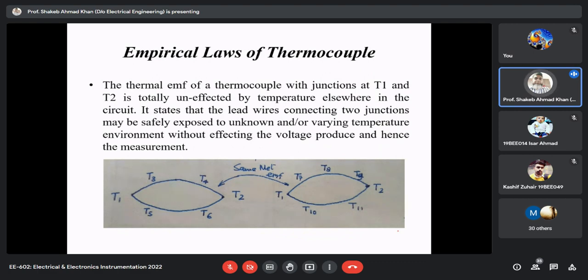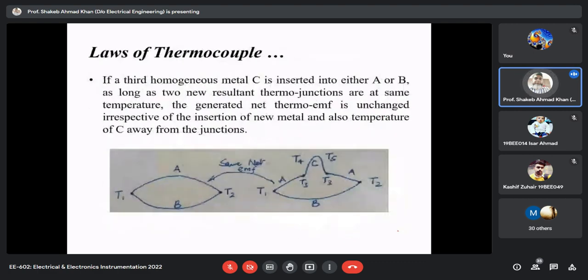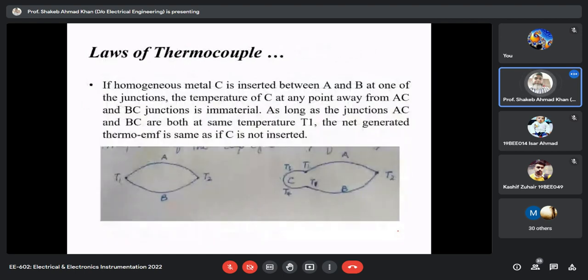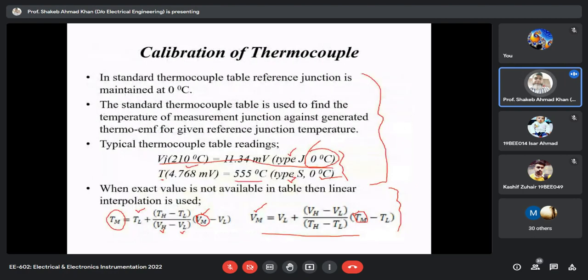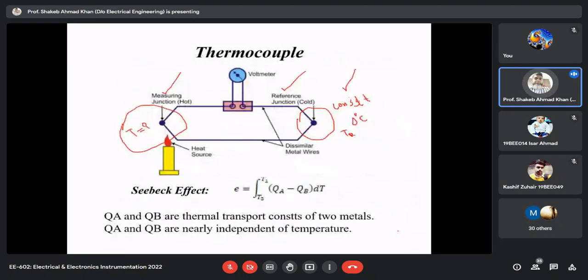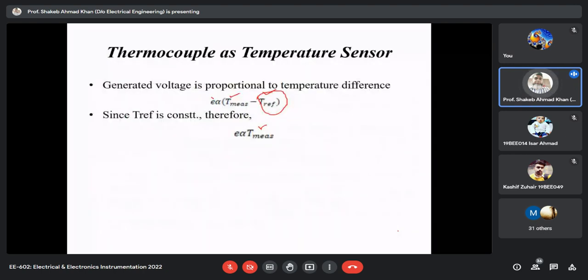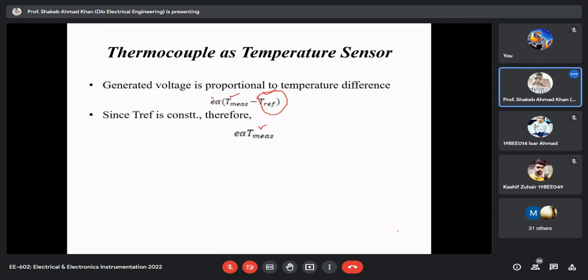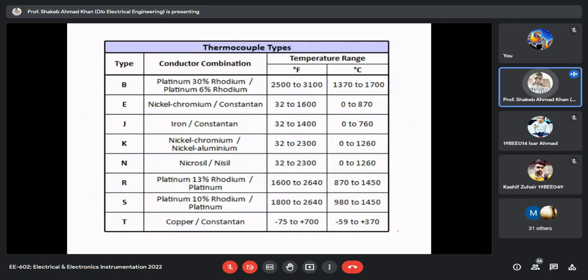Now after that we'll discuss empirical laws. I want to discuss empirical laws and their significance in one go, so I'm closing today's discussion here. If anybody has any question about thermocouple, whatever we have discussed till now: the condition for a thermocouple to be used as a temperature sensor, the measurement junction and reference junction and their requirements. Second is the different types of thermocouples.